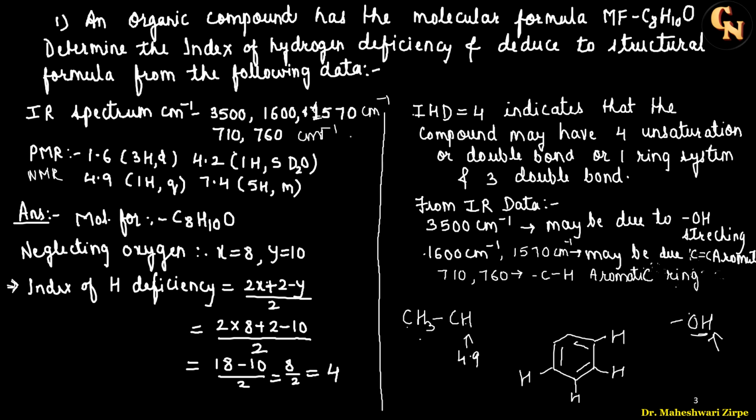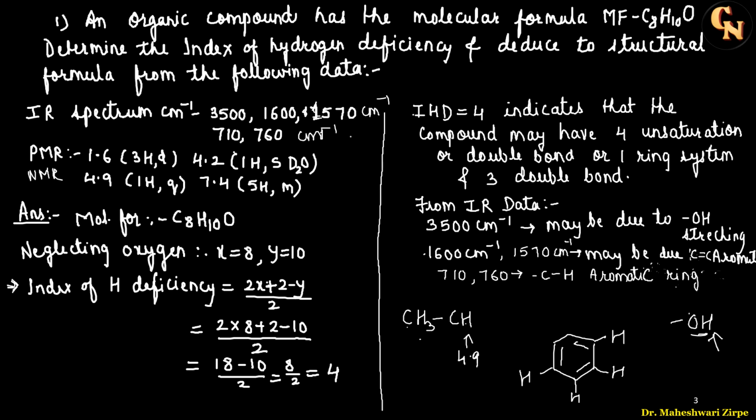Then next in the PMR data, it is 7.45, 5 hydrogens, multiplet. Students remember, whenever the PMR delta value is 7.2, 7.4, 7.5, something like this, greater than 7 up to 7.5, it indicates the hydrogens of benzene.